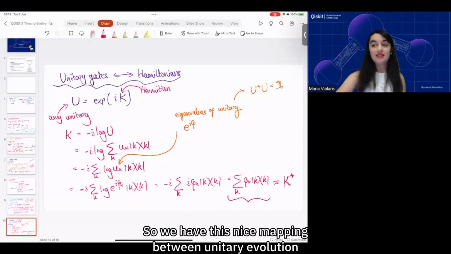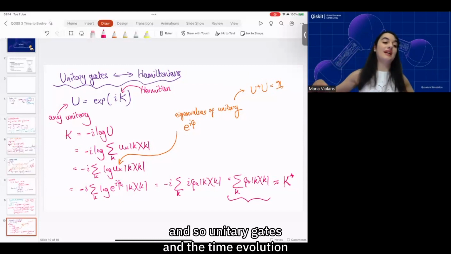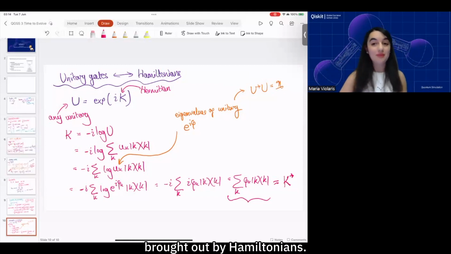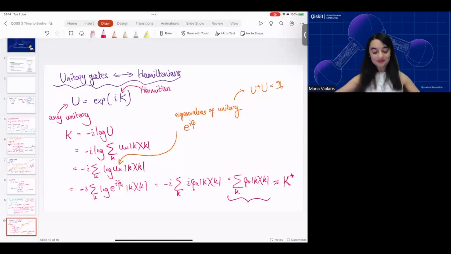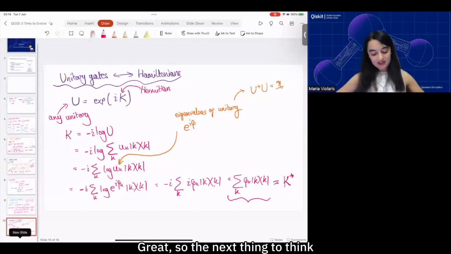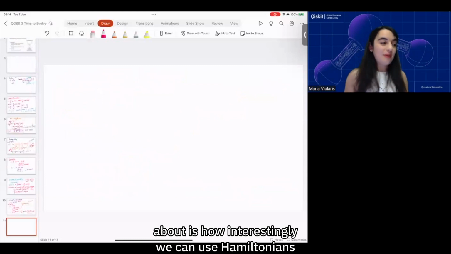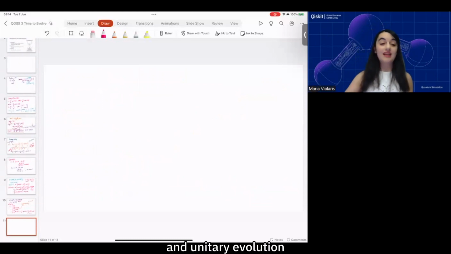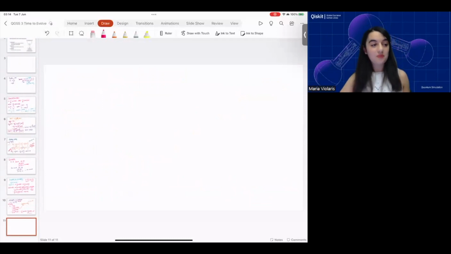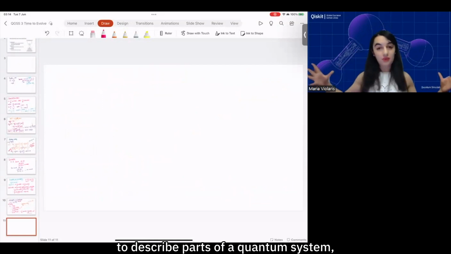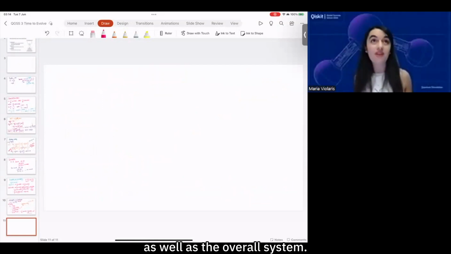So we have this nice mapping between unitary evolution, so unitary gates, and the time evolution brought about by Hamiltonians. Great, so the next thing to think about is how we can use Hamiltonians and unitary evolution to describe parts of a quantum system as well as the overall system.